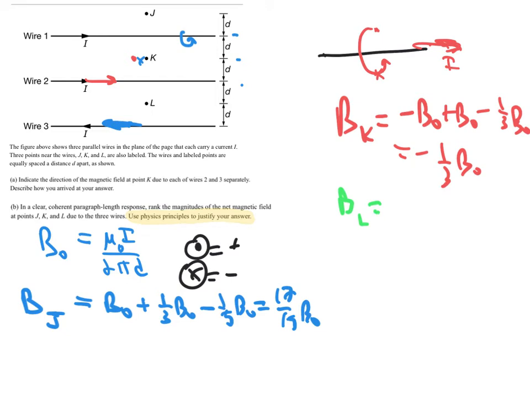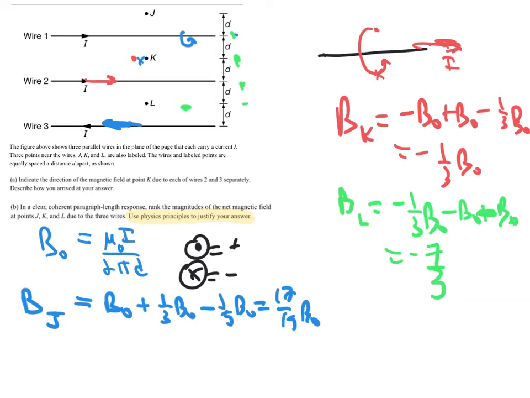We're below this axis, so we're below wire 1, so we get minus, but we're 1, 2, 3 away, so minus 1/3 B0. We're below wire 2, and so we're going to lose that as well, and it's only one thing. And then we're going to gain B0 because we're also 1 unit away, and in this case it is going into the board, so actually also minus, which turns out to be minus 7/3.